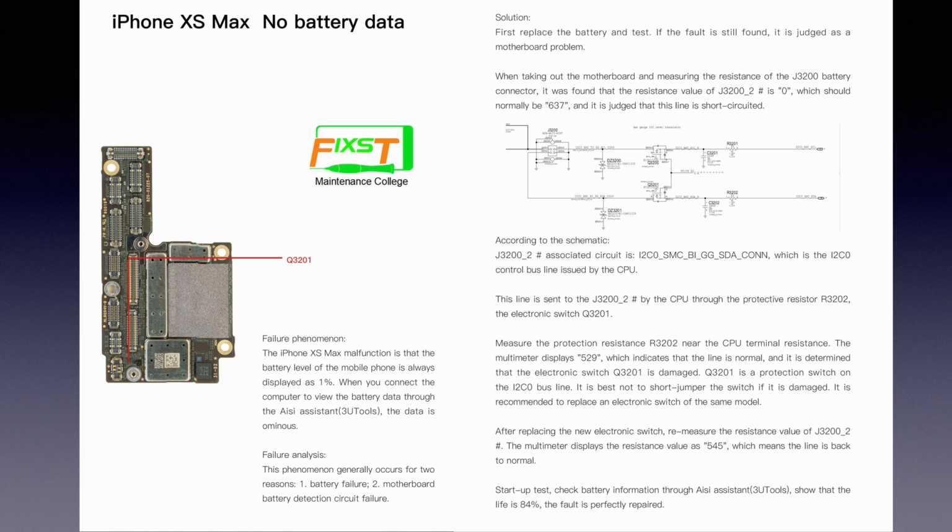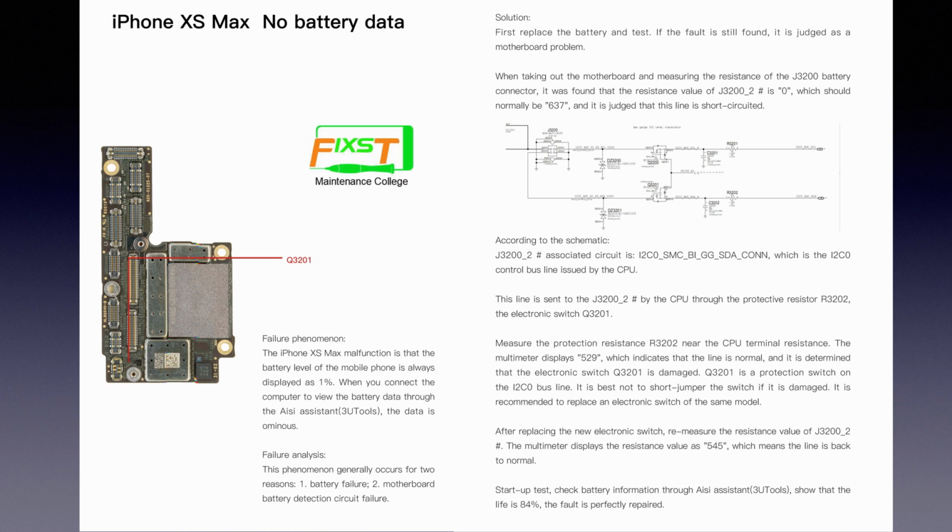And according to the schematic, we can see that pin 2 is the I2C0 control bus issued by the CPU. It is sent to pin 2 of the J3200 by the CPU through the protection resistor R3202 and the electric switch Q3201. So after that, we need to test the resistor first.